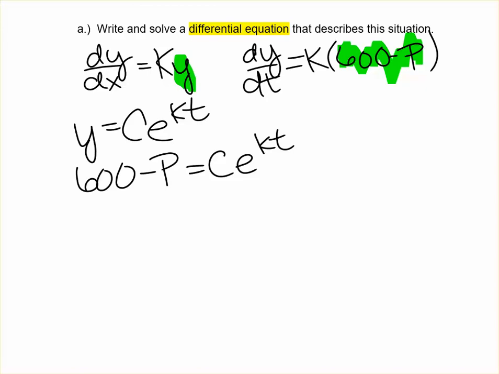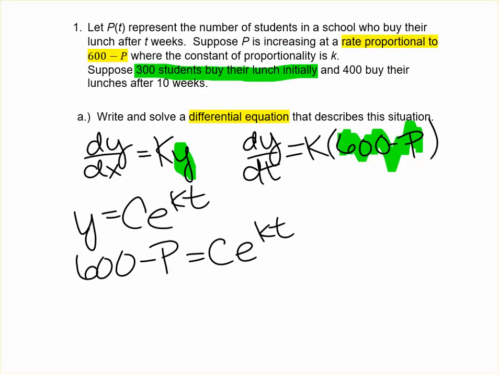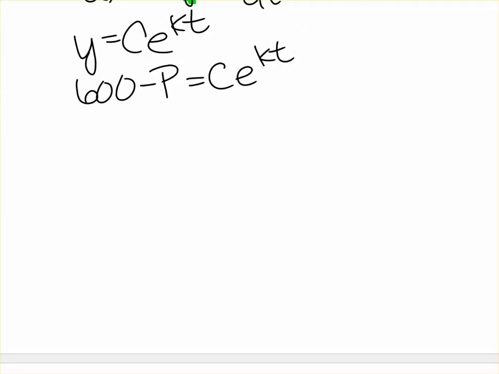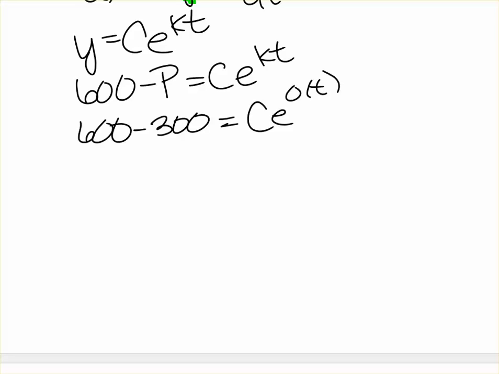Now our goal is to solve for c. In order to do this, we need to find some initial conditions given in the problem. We were told that 300 students buy their lunch initially. So we're going to put 300 in for P at time t equals 0.